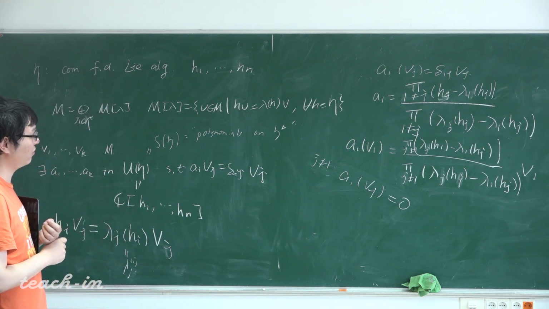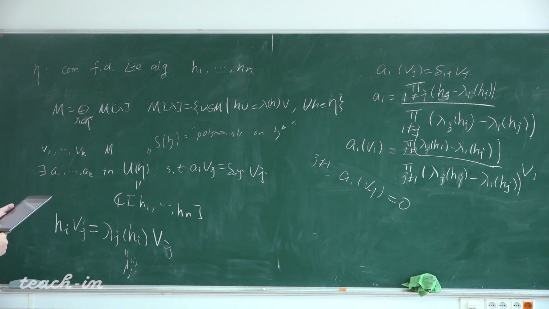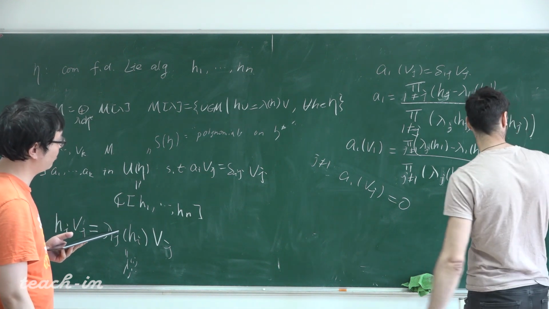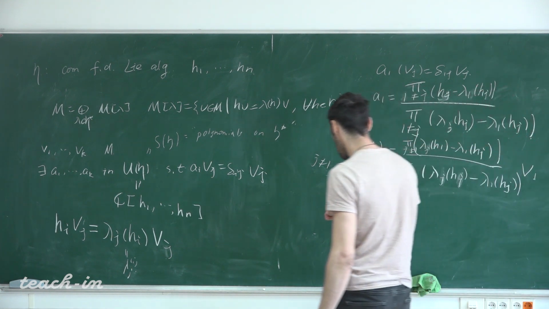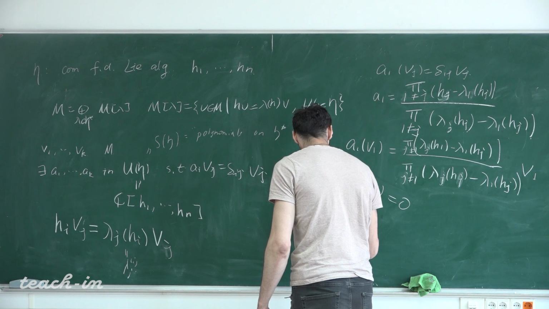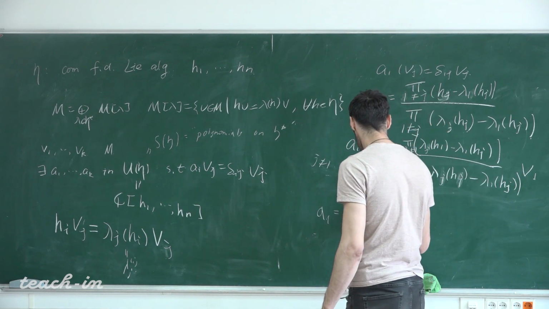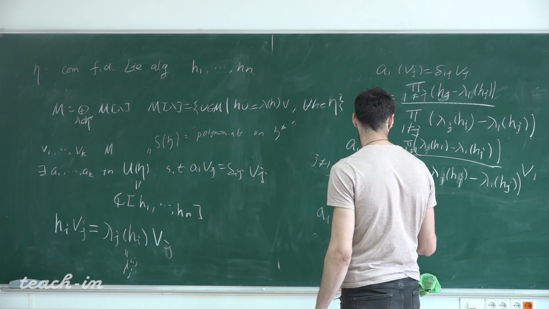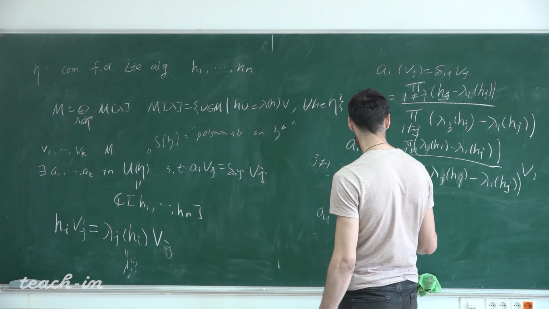Suppose your A1 is this P. This is just polynomials, no Lie algebras or anything. So your A1 here is this P of H1, up to Hn.